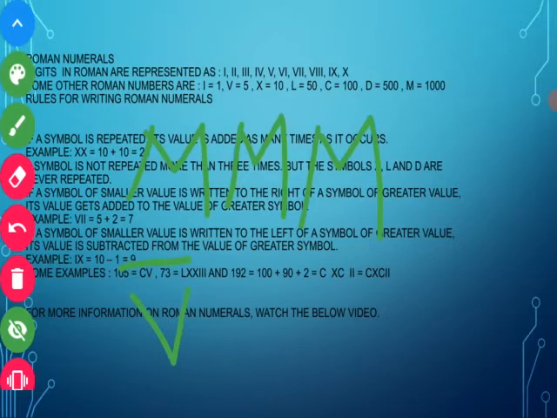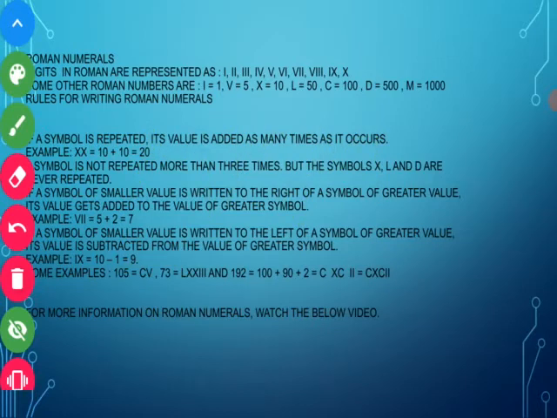So to represent 5000, you write V with a bar above it. To represent 10,000, write 10 and then make a bar above it. So this represents 10,000. This way we represent very large numbers.